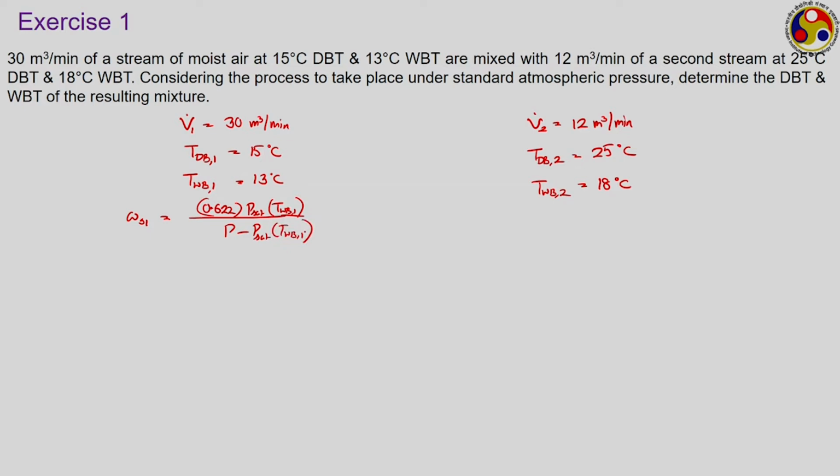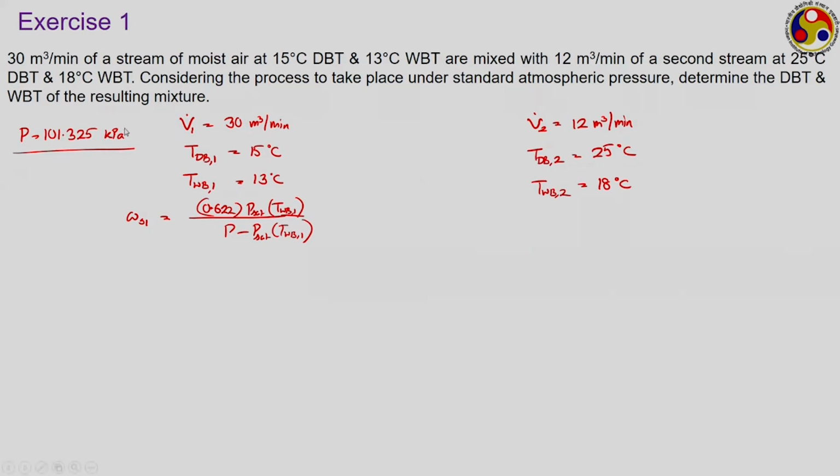Here everything is happening under standard atmospheric pressure. So, your P is equal to 101.325 kilopascal. If you are trying to plot this on a psychrometric chart, then you have to use a standard psychrometric chart corresponding to the standard atmospheric pressure.